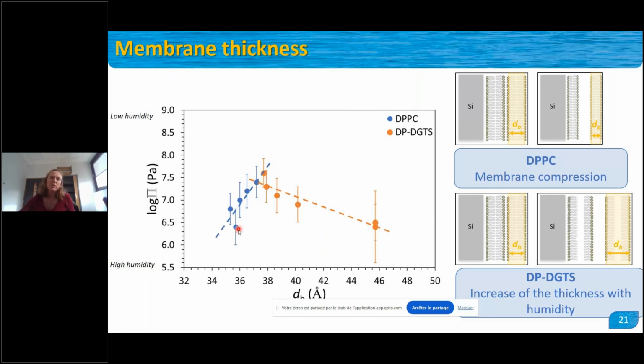But for us, when we increase the humidity in our chamber with DGTS, we see an increase of the bilayer size, and it's not a small increase. It's from 38 angstrom to 46, so around an 8 angstrom increase for a bilayer. That's massive. We never saw that, and that's really weird.